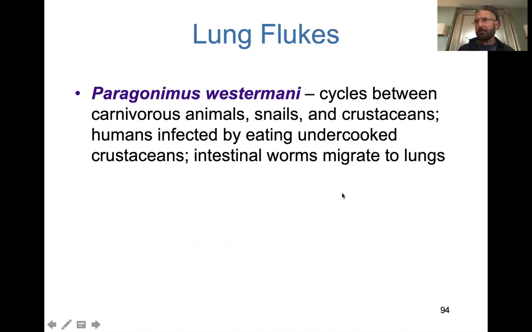They'll give you a case scenario where someone is coughing up blood for unknown reasons, with no prior respiratory illnesses, and a small bit of bloody mucus. Then the history reveals something about what the person ate, that they were eating undercooked crustaceans or lobster.